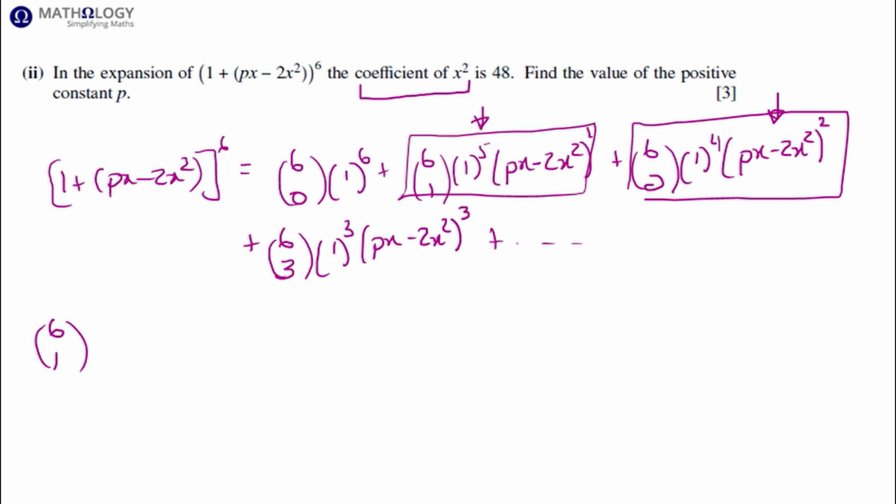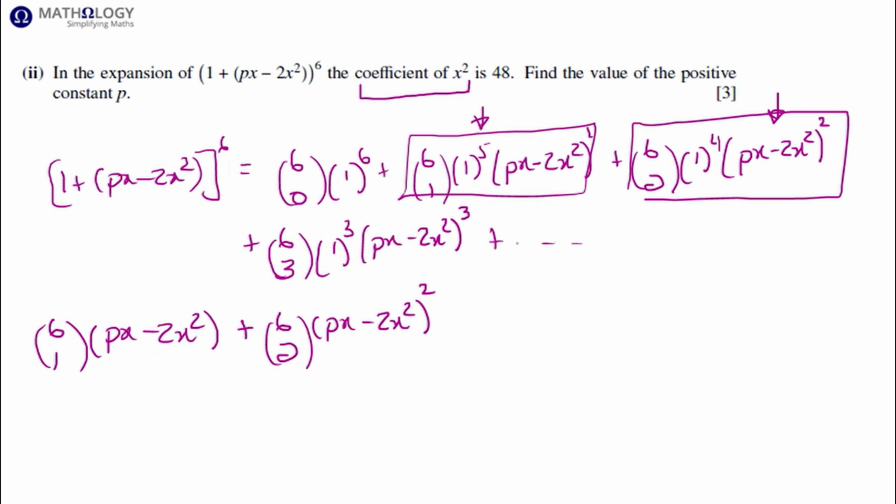So we've got 6 choose 1 times (px - 2x squared), and 6 choose 2 times (px - 2x squared) all squared.